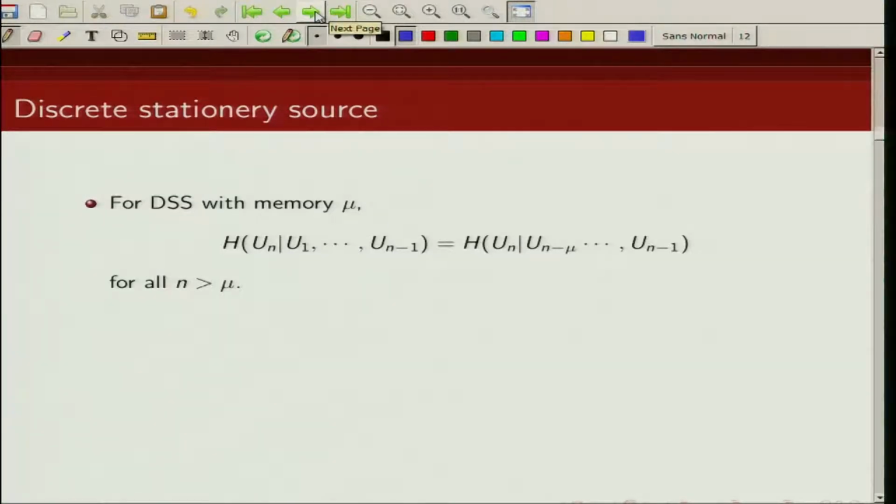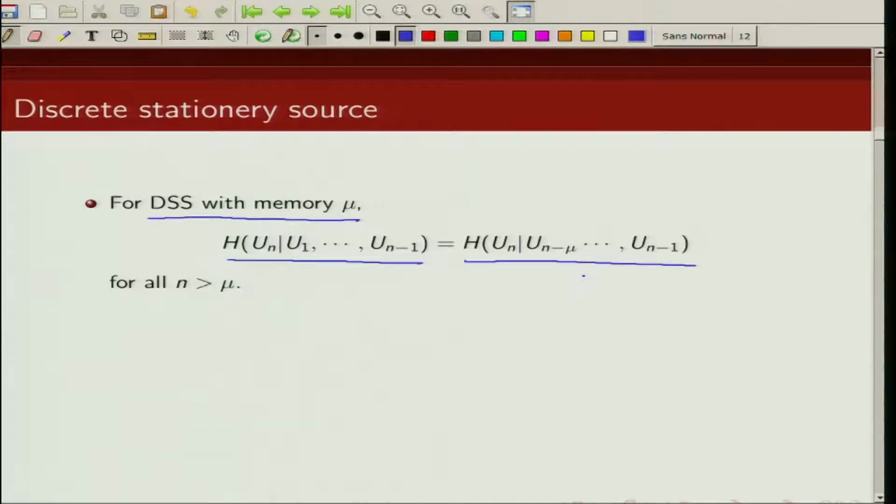Now it's not very difficult to prove that for a discrete stationary source with memory mu, the uncertainty in U_n given U1, U2, ..., U_{n-1} is equal to the entropy of U_n given U_{n-1}, U_{n-2}, ..., U_{n-mu}.